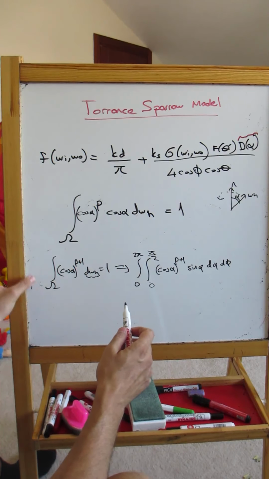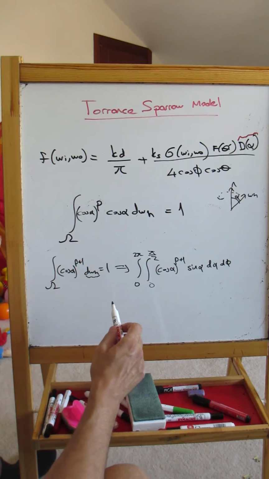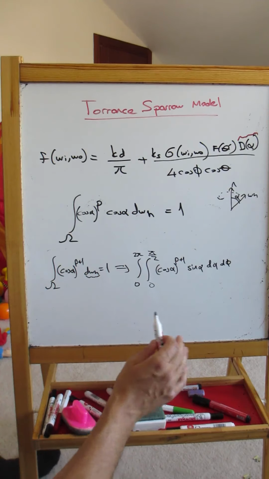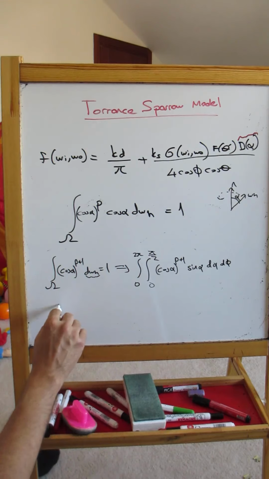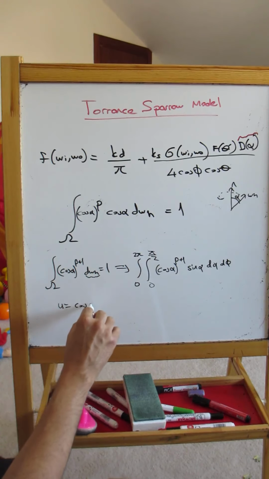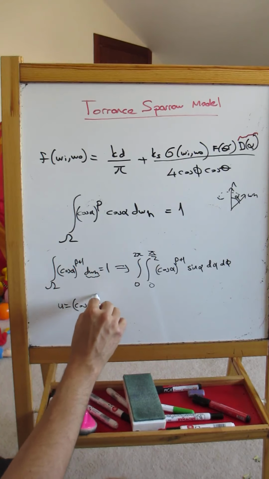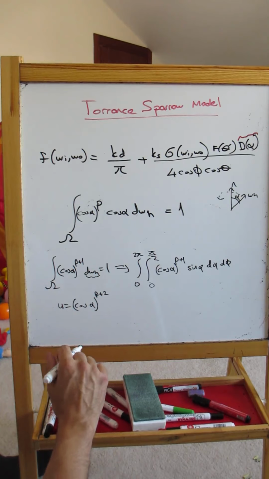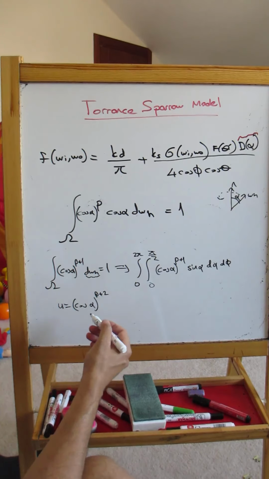Okay, so you can try different things to substitute, but I know what it should be substituted with. So we just say here u is equal to cosine alpha to the power p plus 2. Okay, sorry, I get confused.